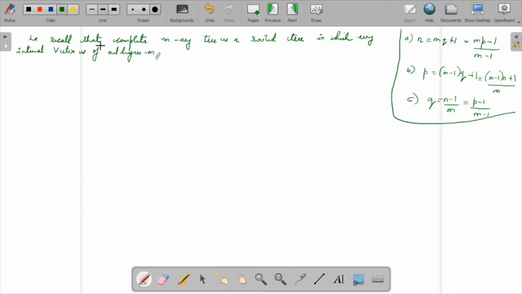So in a rooted tree, a vertex is a leaf or an internal vertex. You know that in the internal vertices we also get the root. So in a rooted tree, a vertex is either a leaf or an internal vertex.